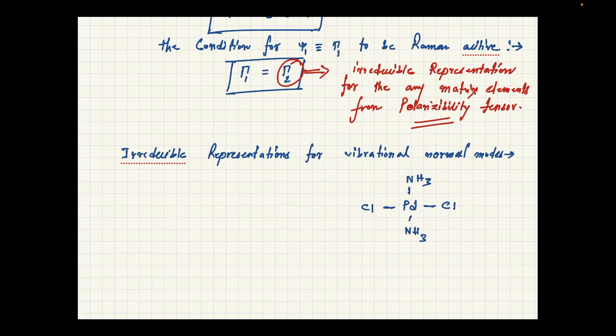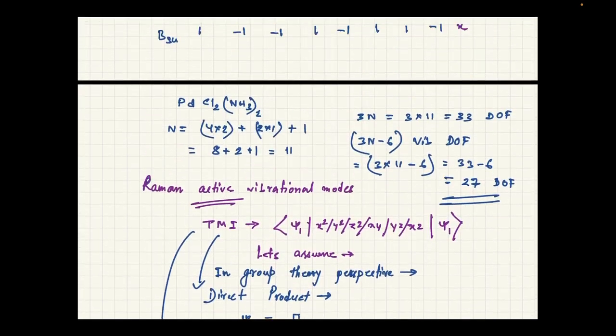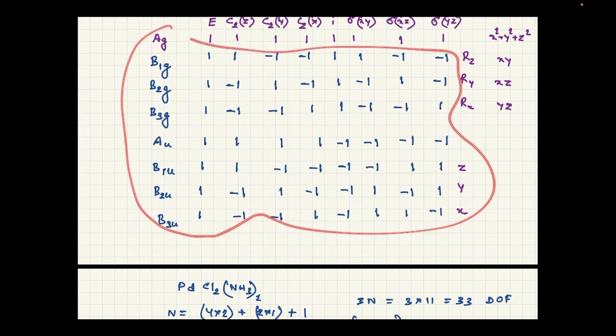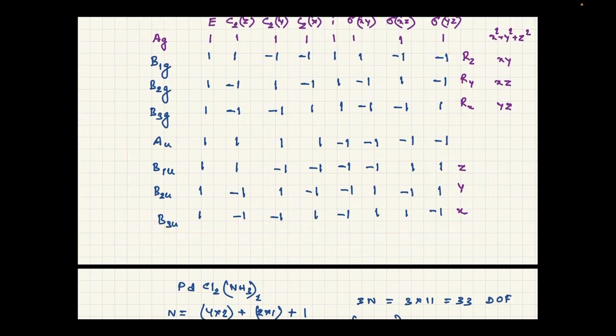On each atom you have to use the 3 Cartesian coordinates as a basis, and by performing each symmetry operation on this basis you will get a reducible representation. From the reducible representation and using the character table, you can get the irreducible representations for the vibrational normal modes.